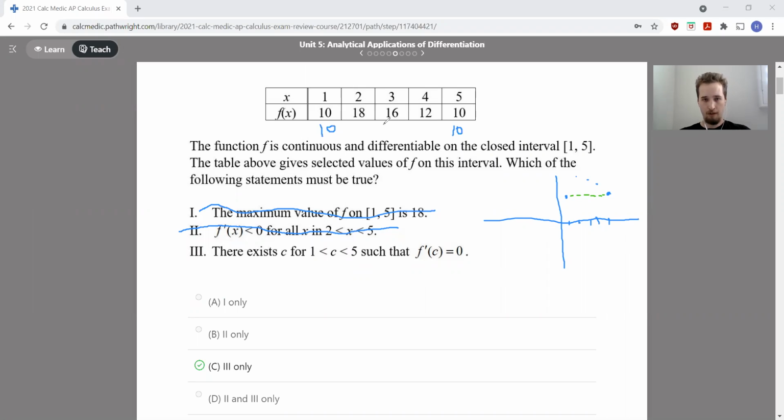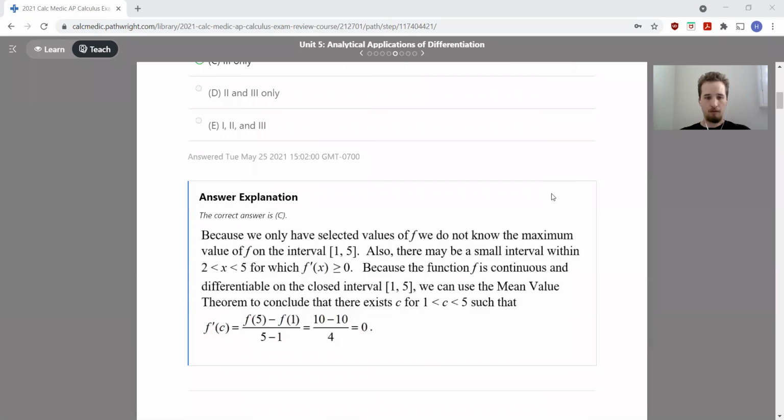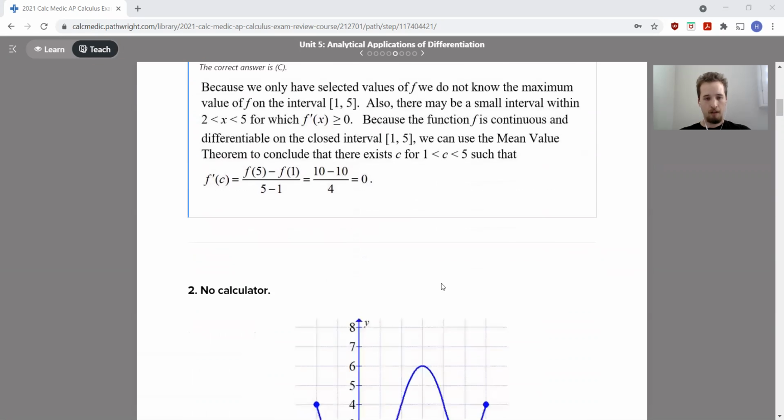The average slope of our interval is 0 because it starts at 10 and ends at 10. So the answer is C, which is 3 only. This is just explaining that the average slope of the interval is equal to 0 because it starts at 10 and ends at 10.